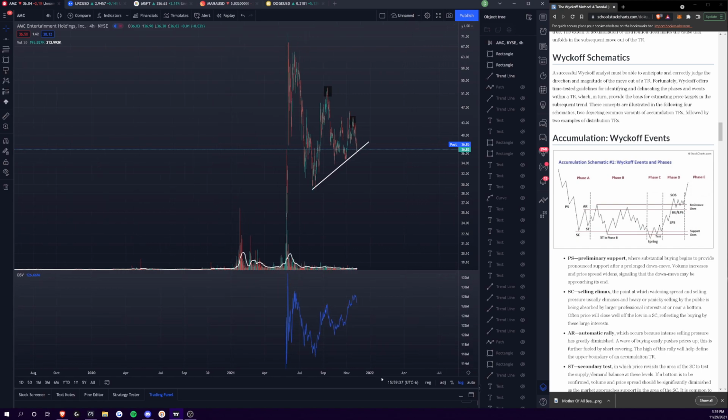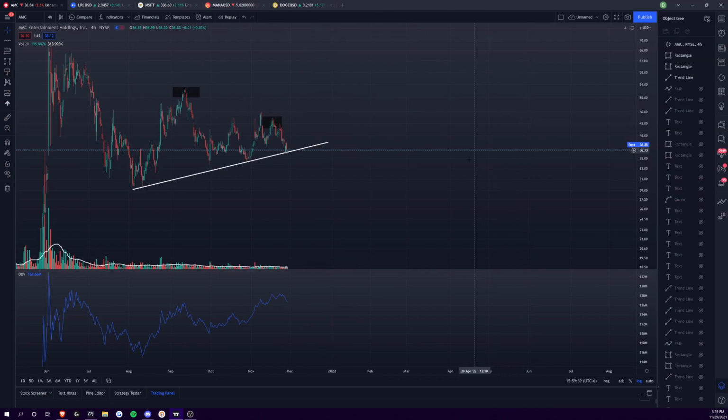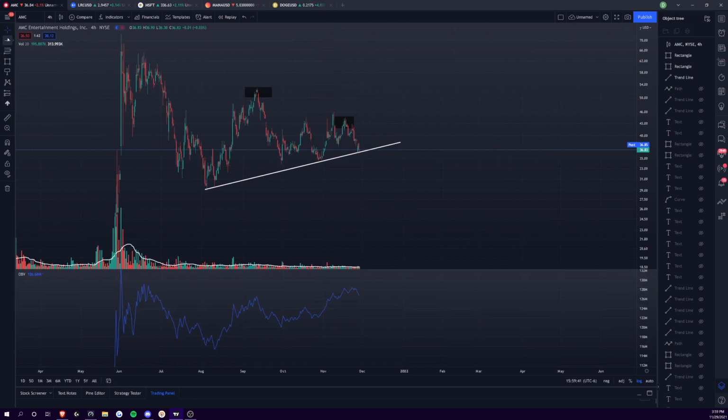So here on the 4 hour, it looks like we're still maintaining this. Yep. So overall, I think the signs overwhelmingly point towards accumulation occurring. I believe that bullish institutions are accumulating AMC at whatever rate they can, depending on how many people are selling.